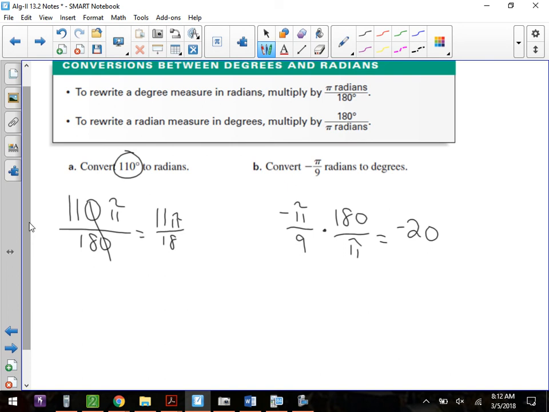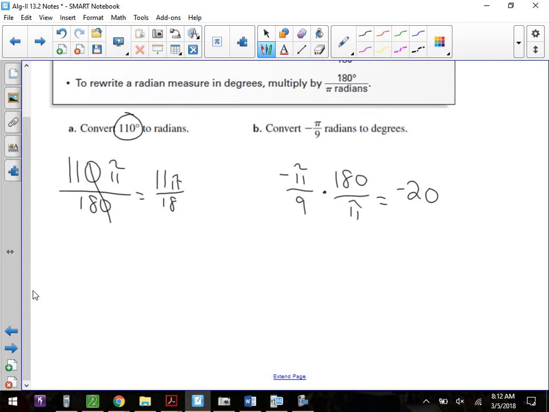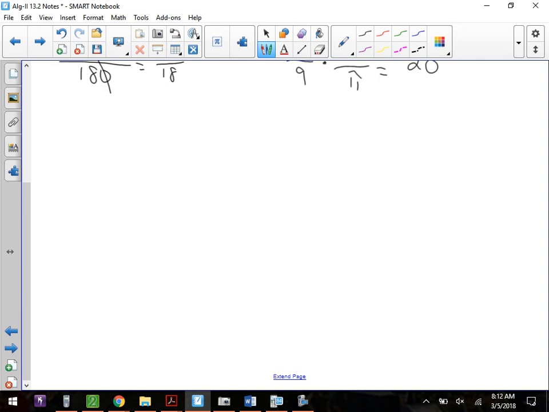For example, if I want you to plot, and figure out a positive and a negative coterminal angle in terms of pi. Let's say we have 11 pi over 4. I want to plot that, and figure out some positive and negative coterminal angles with that.